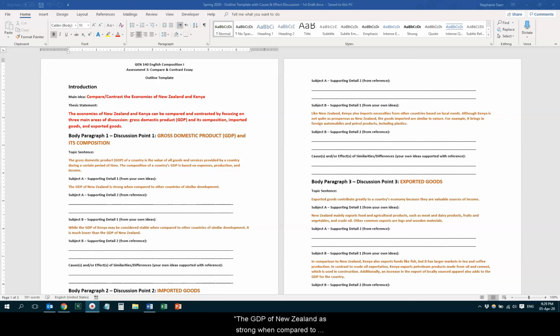The GDP of New Zealand is strong when compared to other countries of similar development. Remember how when we looked at the brainstorming table, I said that we needed more research for the GDP for both New Zealand and Kenya.